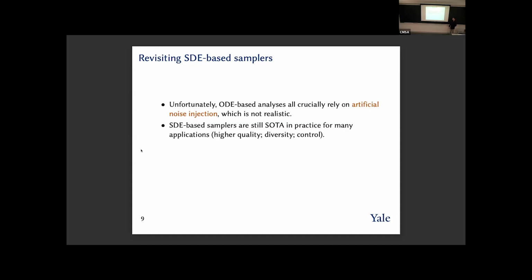Not clear why. Also, in some areas, the SDE brings you more diversity of samples. So say you want to generate configurations of proteins, then you really want to explore the landscape as much as possible, and the extra diversity from SDEs is very useful. And then finally, there are modern approaches to learning to sample via control theory, and all of these methods still use SDEs.